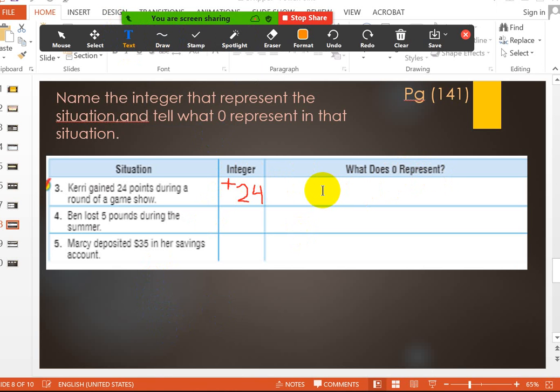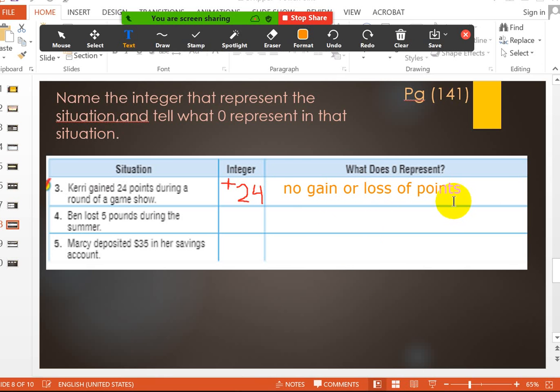If Carrie gained 0 points, that means no loss and no gain, no winning and no losing. That means no gain and no loss in this game. Okay? No gain or loss of points.